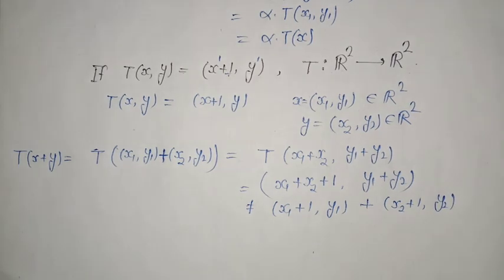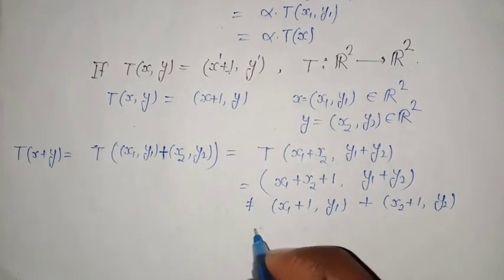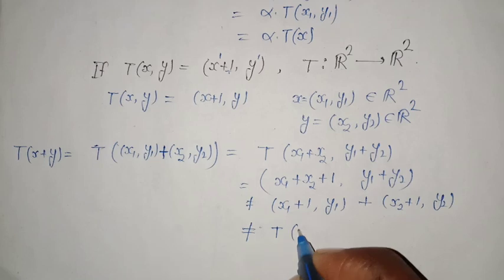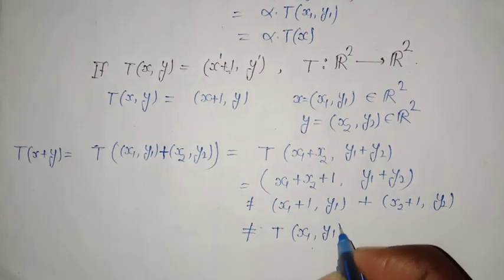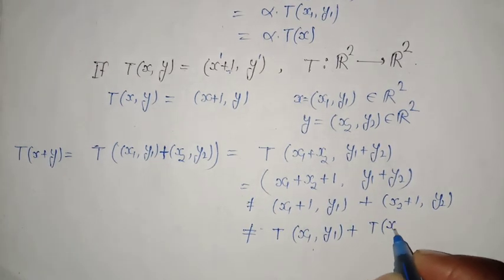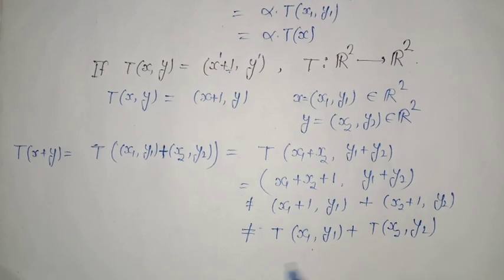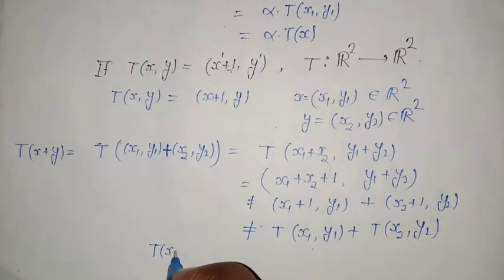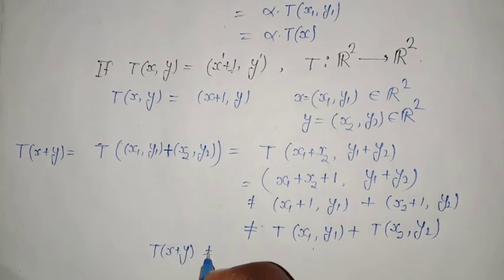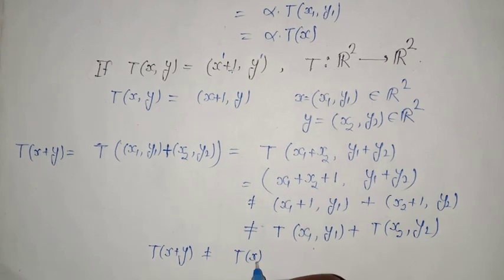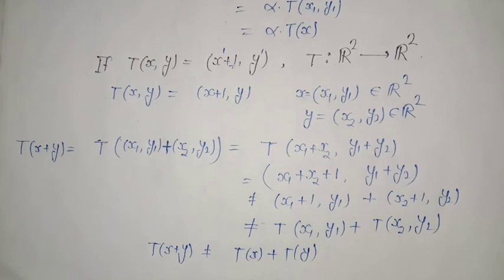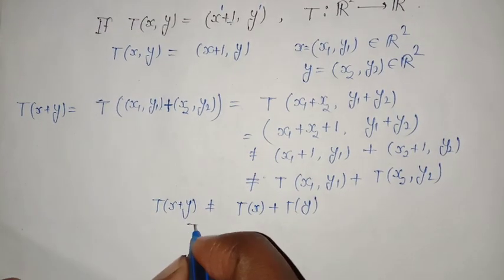This can't ever be equal. So this is not equal to T of (x1, y1) plus T of (x2, y2). That is, T of x plus y is not equal to T of x plus T of y. So from here we can directly say that T is not a linear transformation.